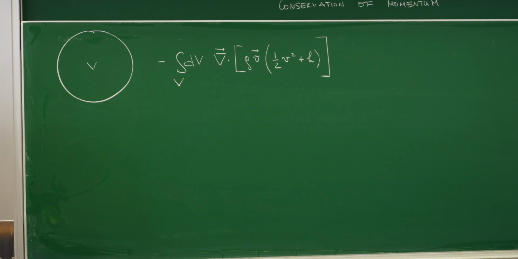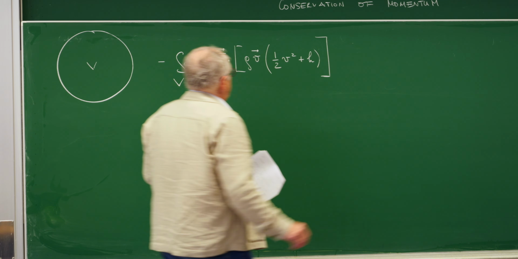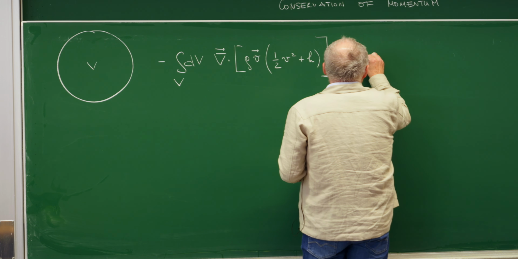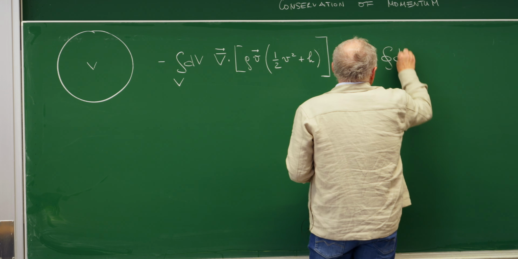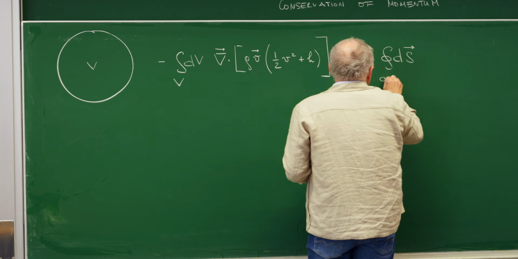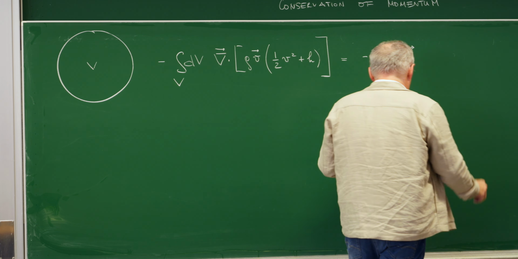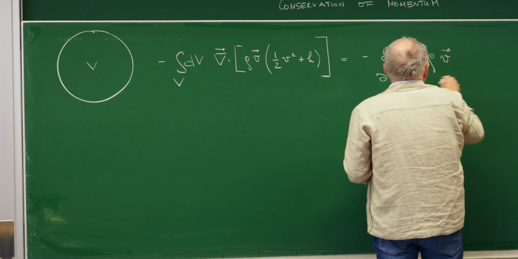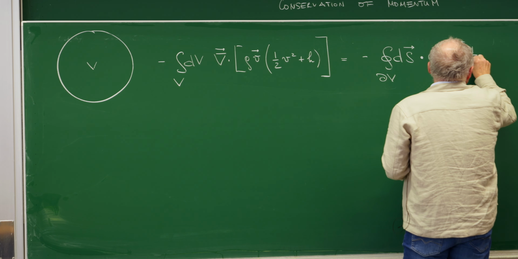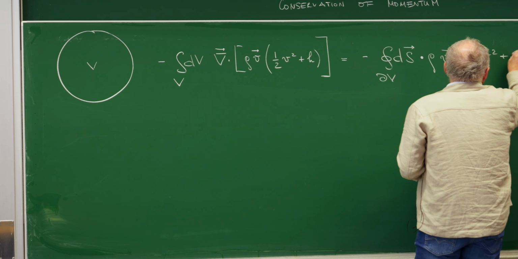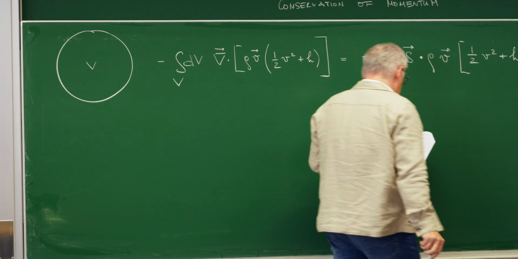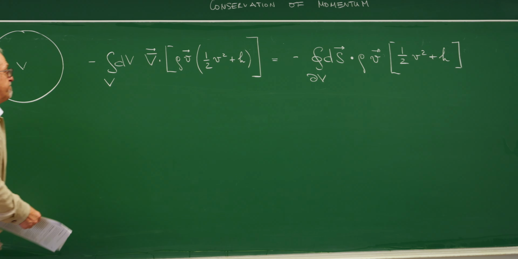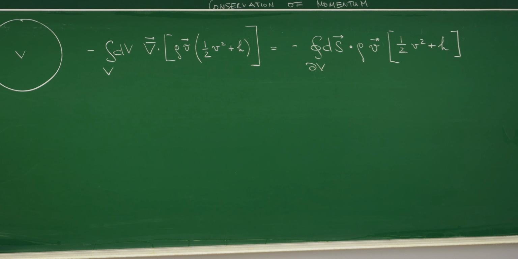And now remember, okay, before that, let me use Gauss's law and write it as a boundary integral over the surface, rho v, scalar product, a half v squared plus the enthalpy. Now let's look back at what the enthalpy is.